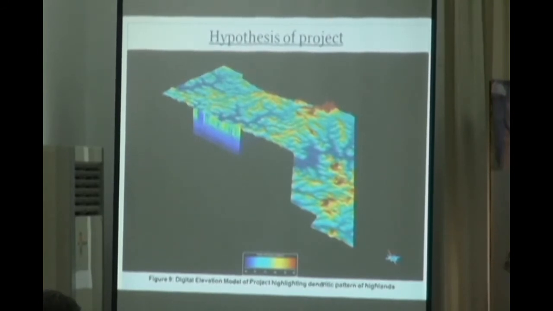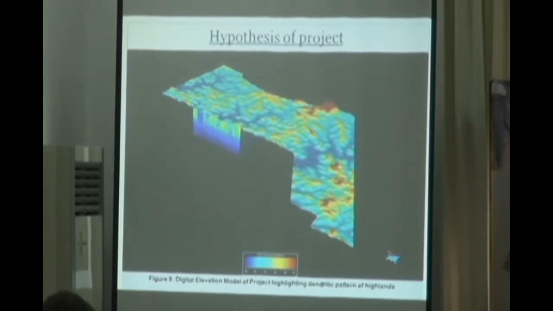So what we had was a data set provided by two companies, Quantum and Resolute. They were able to provide a data set of this entire area. What you're looking at on the surface is a grid of the DEM data set, where the reds represent the highlands and the blues represent the rivers. So you can actually see the river channels there.